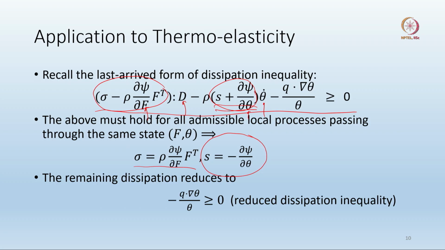They do not produce any dissipation, because this is 0 times D, 0 times theta dot, correct. They do not produce dissipation. What leaves the dissipation still positive? This quantity, what is left, for which we really cannot apply this.